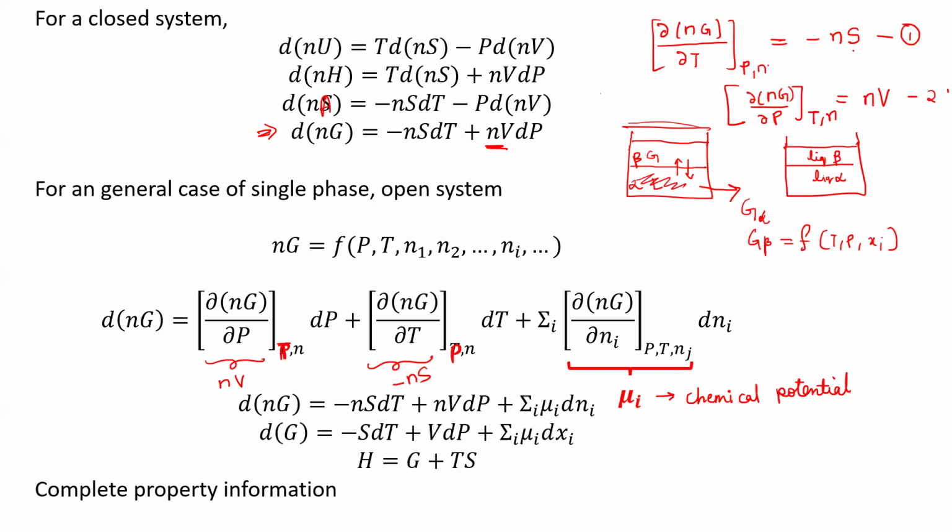So we have got relations for S and V, and now we have a relation for G also. And H we can get from G plus TS.